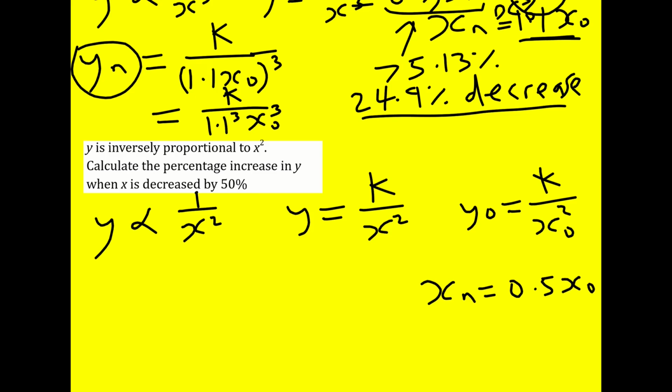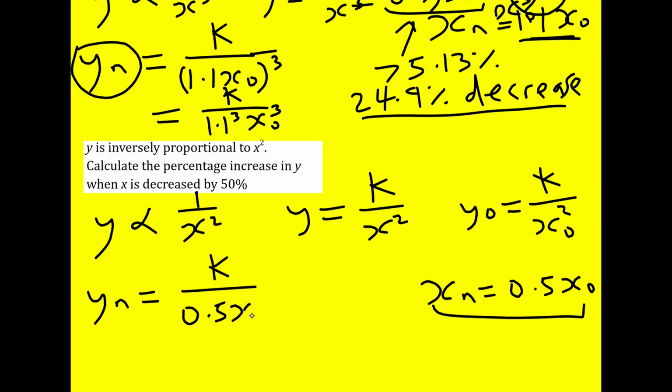So 50% decrease is the same as timesing by 0.5, because it's like I've got 100%, I'm decreasing by 50%, so I've now got 50%, and that's equivalent to 0.5. So my new value of y is going to equal k divided by my new value of x squared, but that is this thing here, so I'm going to put it straight in, 0.5 x naught squared.